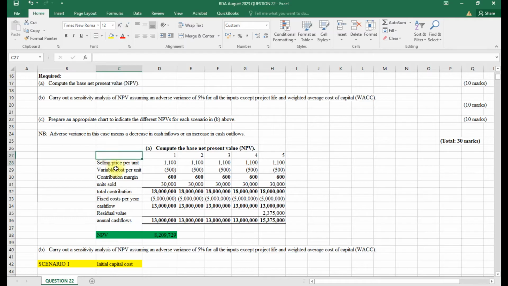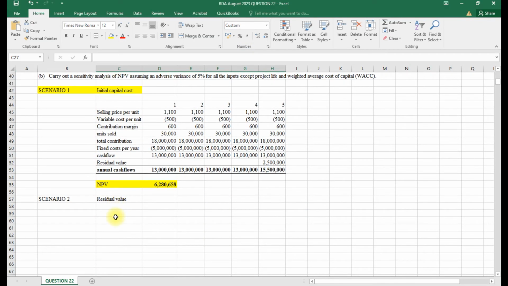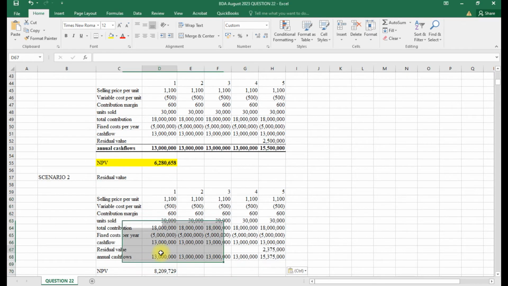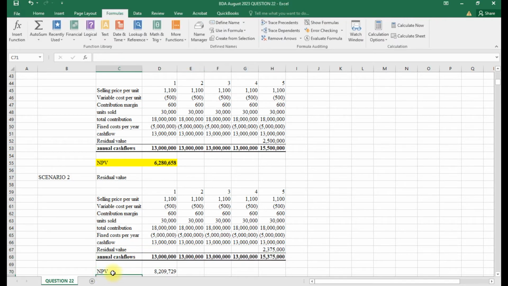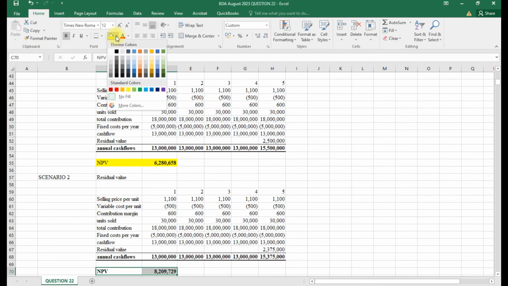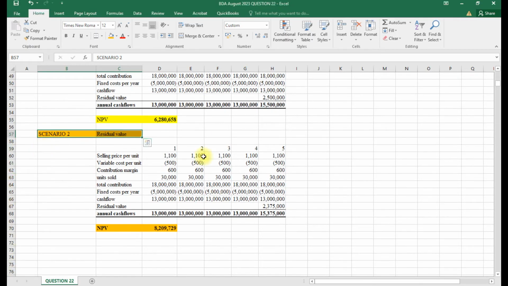So I'll copy this for scenario 2 and paste the values here. This is our NPV. Our NPV has changed. I'll change the color there. This is scenario 2. NPV becomes 8209.